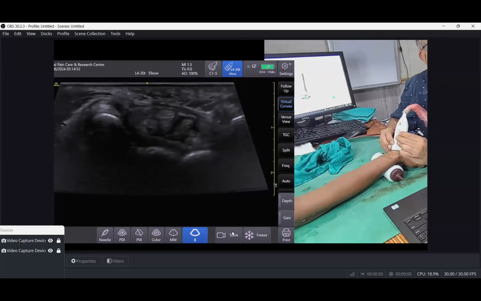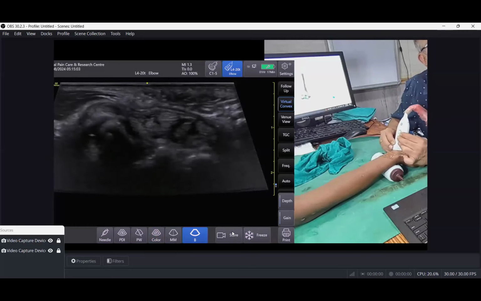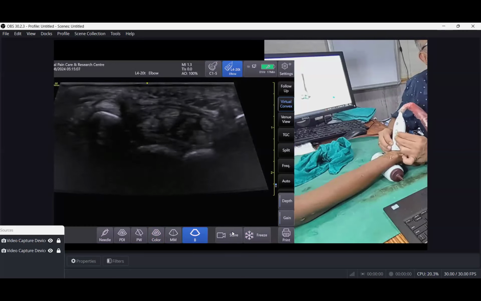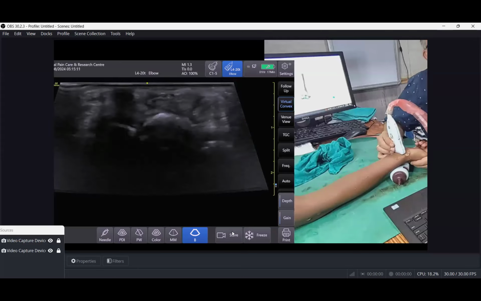Tendons are more anisotropic, so if I move or toggle my probe like this, everything will go black and white. This is anisotropy. But in the nerve, the anisotropic effect is very little. In the tendon, the anisotropic effect is very prominent.